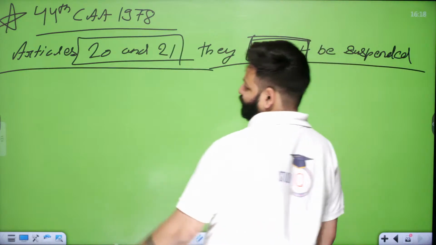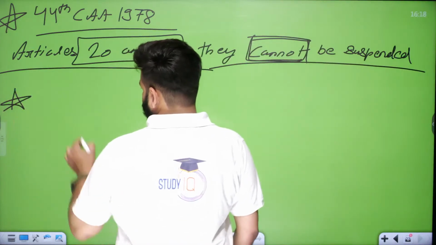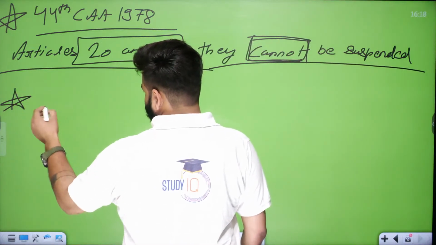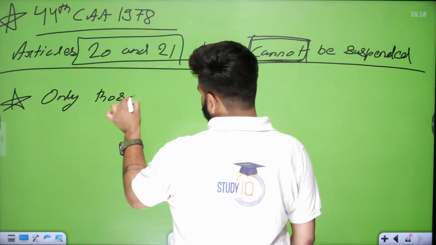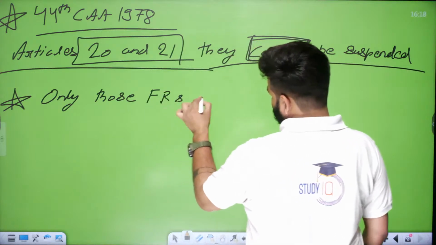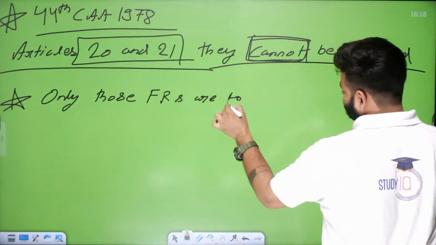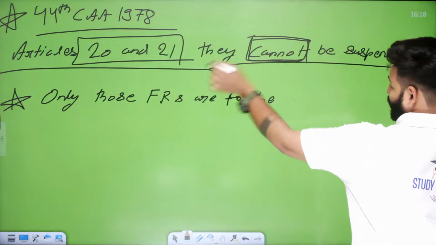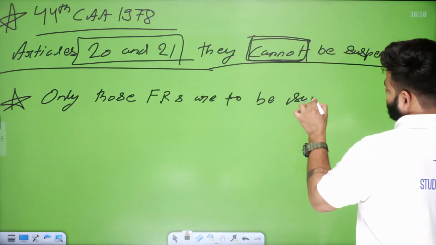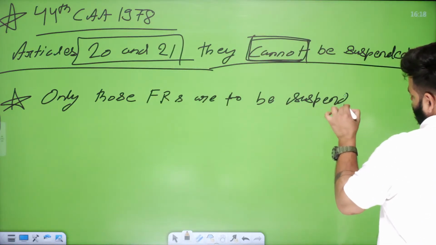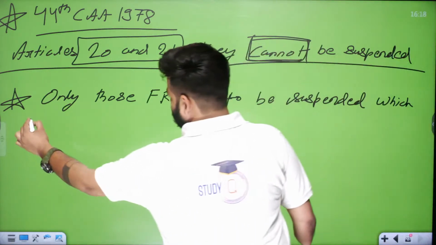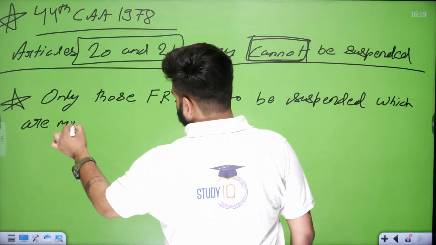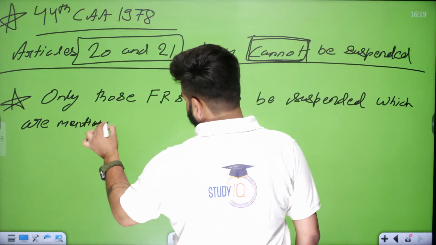Next, let's see what is mentioned here. Only those fundamental rights, other than 20 and 21 obviously, are to be suspended which are mentioned in the presidential order.